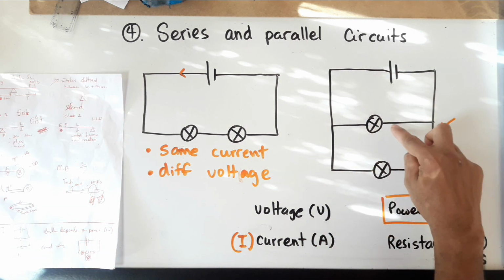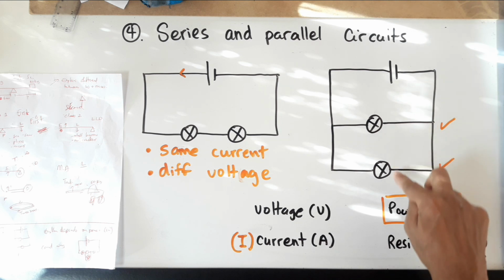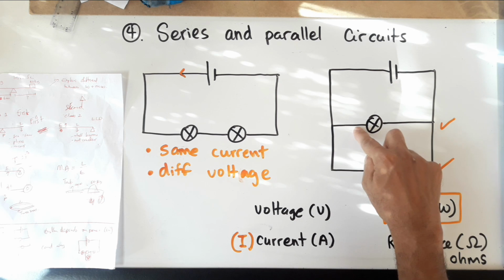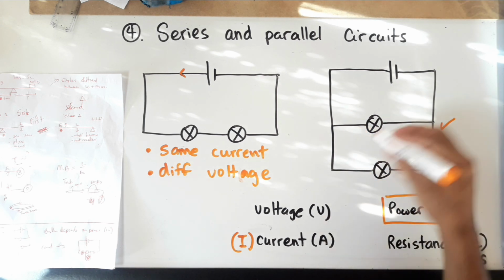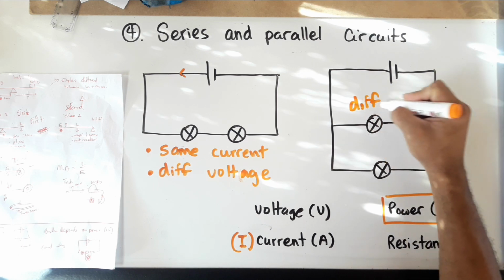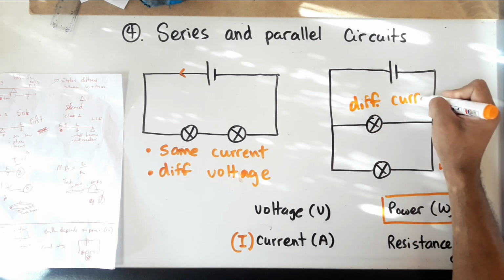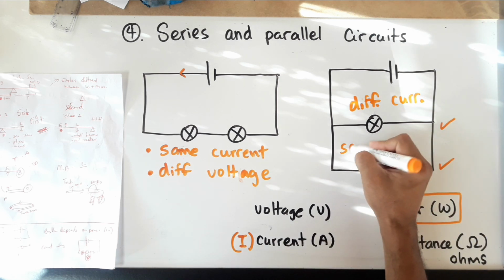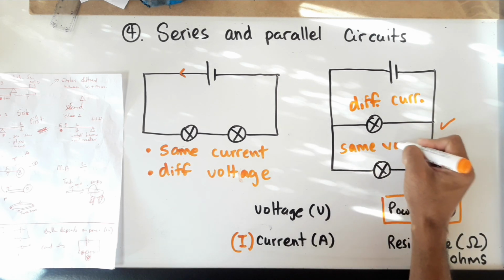Provided that these are two different brands of lamps, they will experience different current. Sorry for the abbreviation there, but I don't want to write over here. But they will have the same voltage.